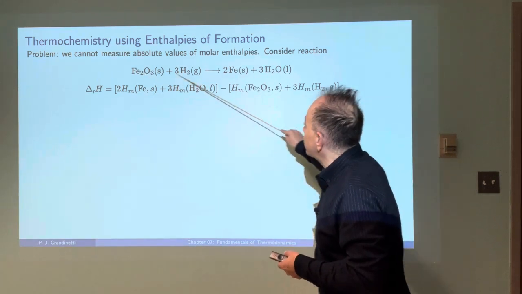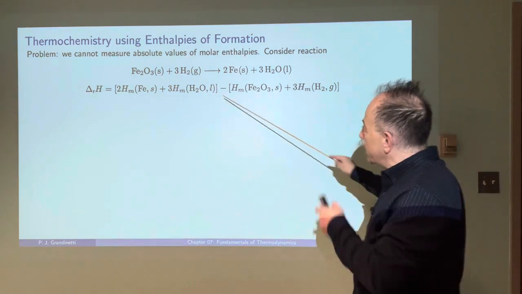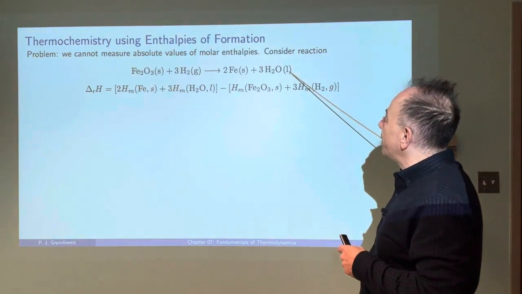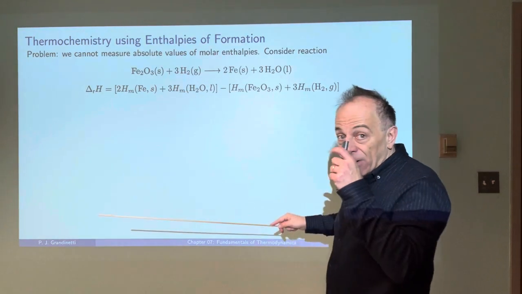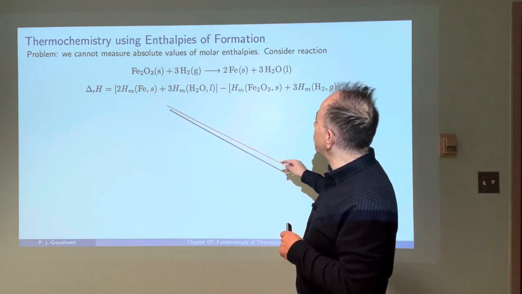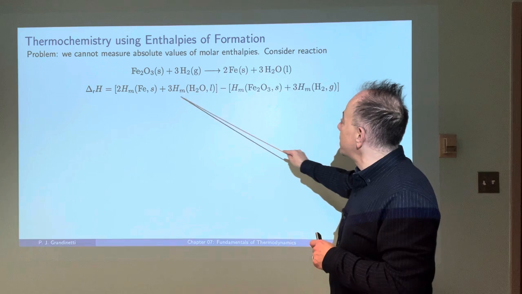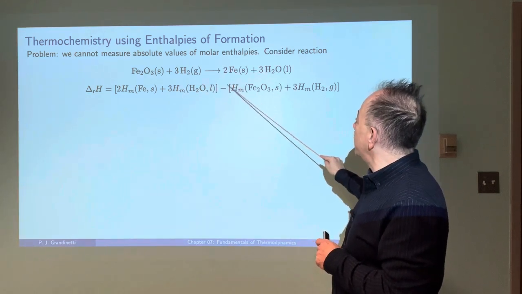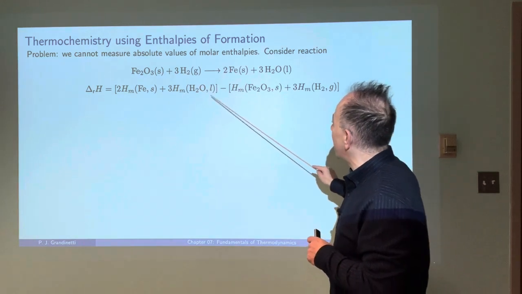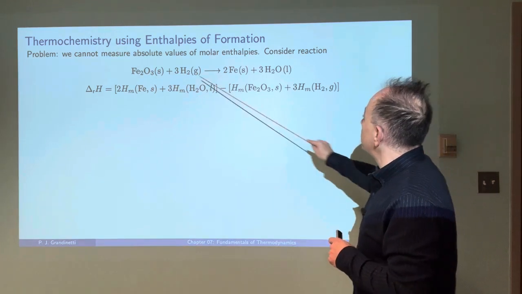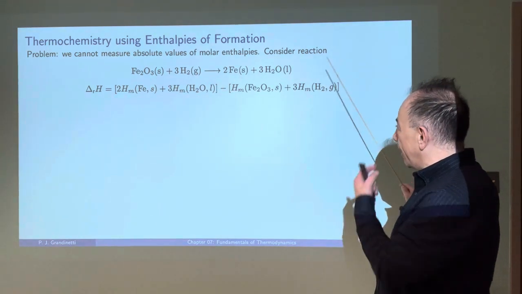So for example, in this reaction here for the reduction of iron oxide, you can see I have a balanced reaction at the top, and I can write down the molar enthalpy change for the reaction. So I'm going to write down 2 times the molar enthalpy of iron plus 3 times the molar enthalpy of water, minus, and then in brackets here, the molar enthalpy of the iron oxide plus 3 times the molar enthalpy of hydrogen.